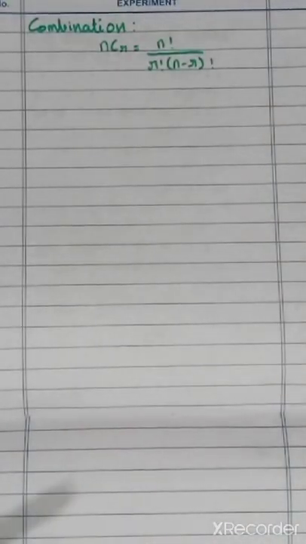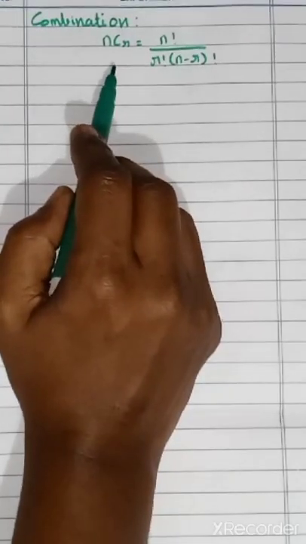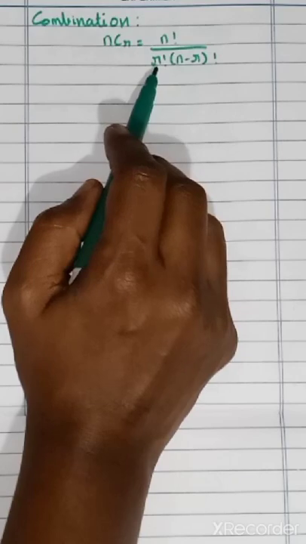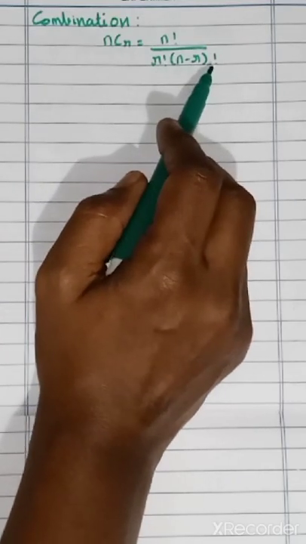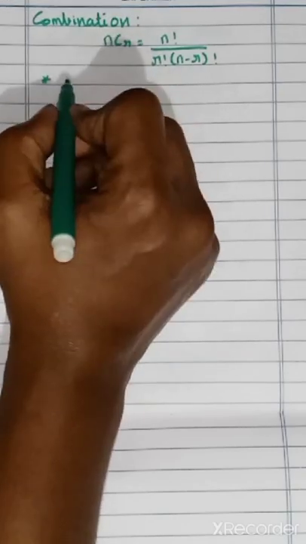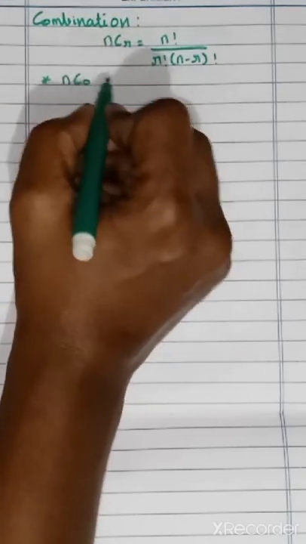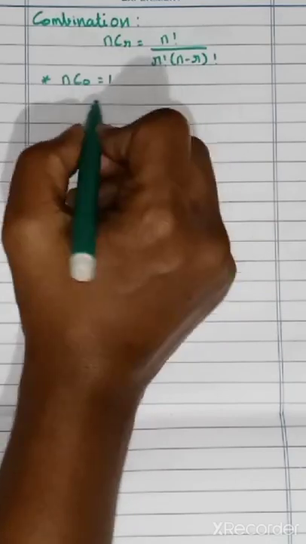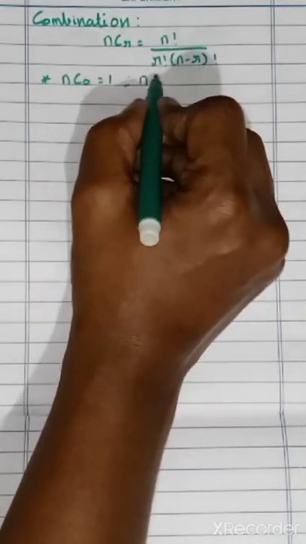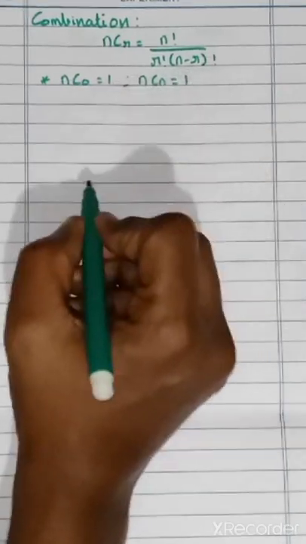So we can see some properties. The first property is nC0 equal to 1. And nCn value is 1.